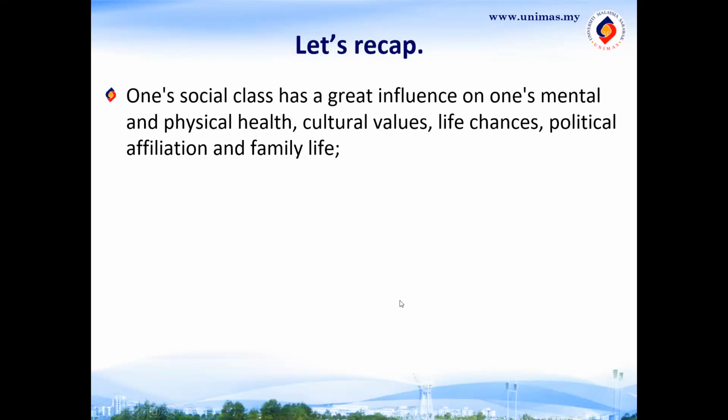Okay, so let's just recap a bit of what we have said today. So one, social class has a great influence on one's mental as well as physical health. Termasuk cultural values, termasuk life chances, ya, peluang dalam kehidupan kita.